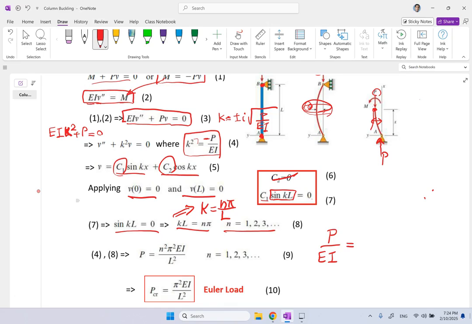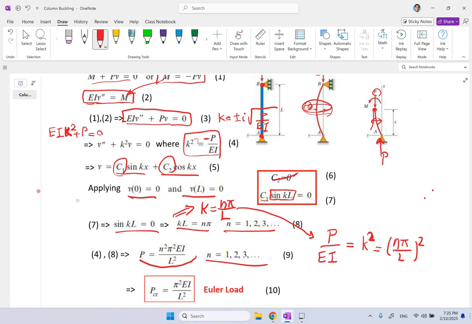And in magnitude, this is K squared, and this is equal to, because K is n pi over L, n pi over L squared. And if you multiply both sides by EI, you can get P to be n squared pi squared over L squared times EI, like this formula, where n can be any integer number.